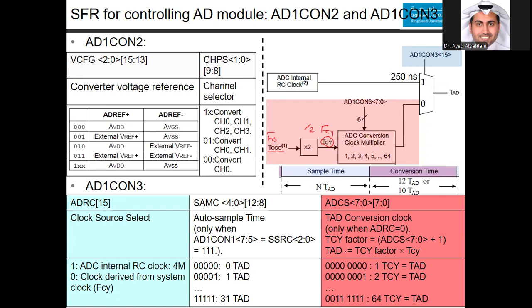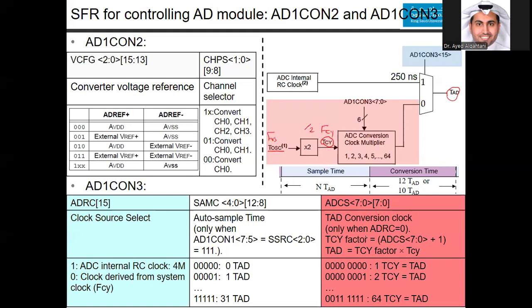So the TAD would have this vector value, and you multiply it by TCY. And that's what we want. What we are interested in is the TAD. And the TAD is this factor, which is this value, but you add 1 to it. And then you multiply it by whatever TCY you have.